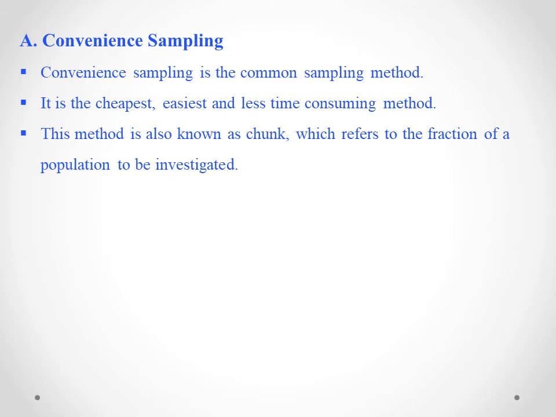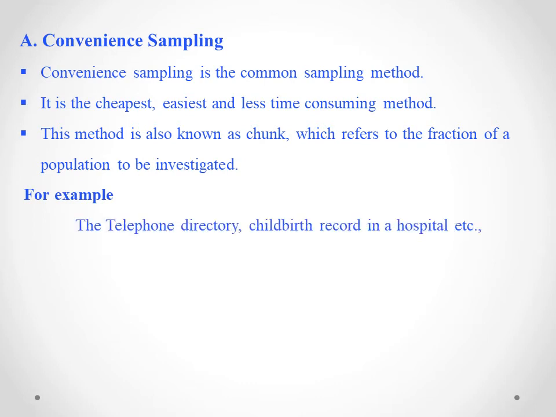In a whole population, particular persons or items are selected for the collection of data. For example, the telephone directory or the childbirth records in hospitals are examples of convenience sampling.